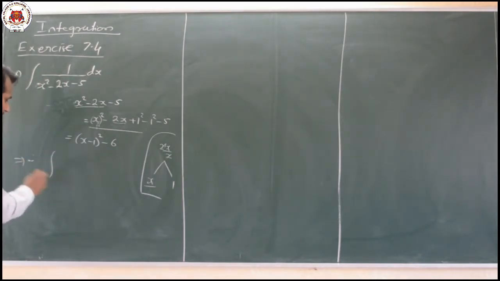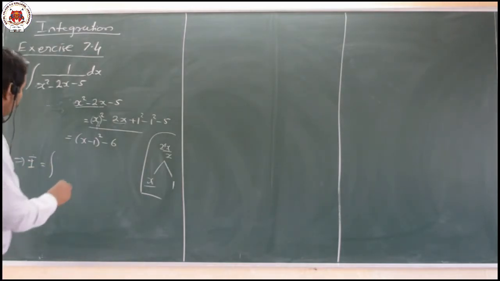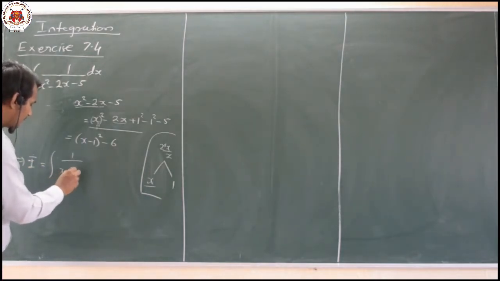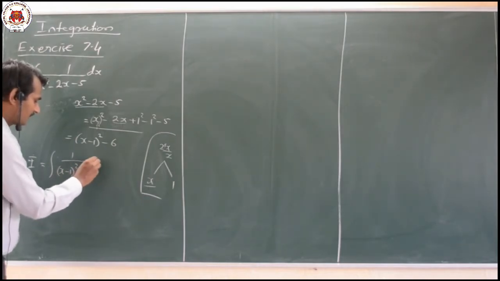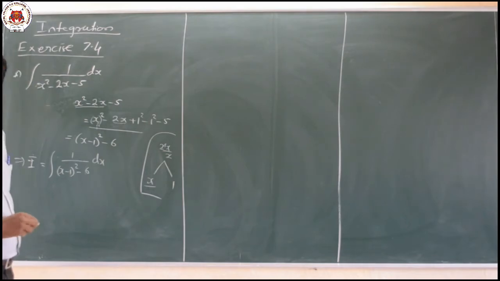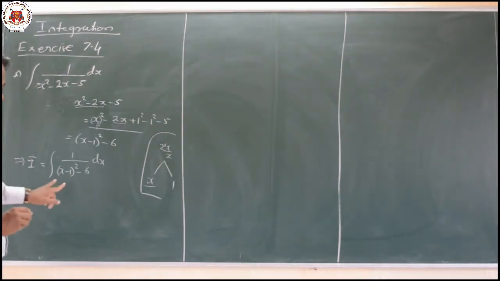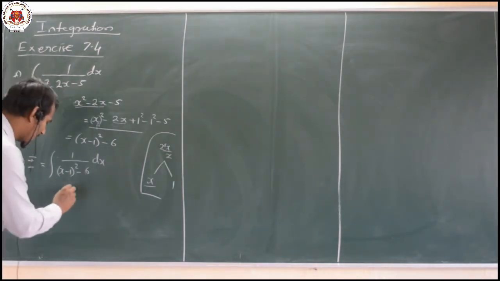That implies the integration of the given question I is equal to the integral of 1 divided by x minus 1 whole square minus 6, dx. Now what I will do here is put x minus 1 equal to t.